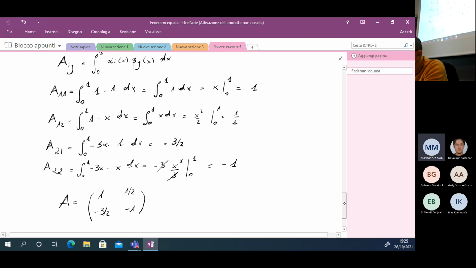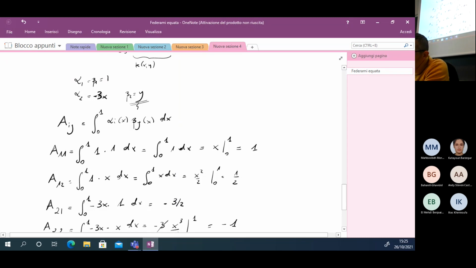That's actually what I was saying before. The definition of A_ij is the inner product between alpha I and beta j, which basically means it's the integral, in this case between 0 and 1, of alpha I of x times beta j of x, again x.